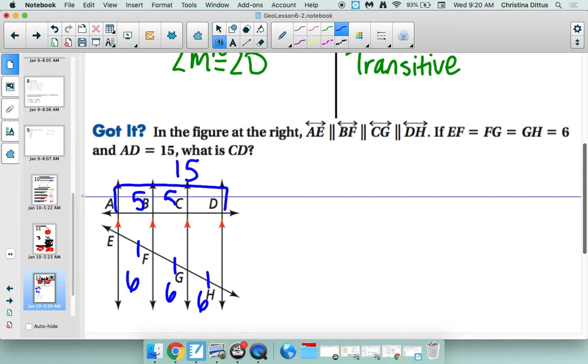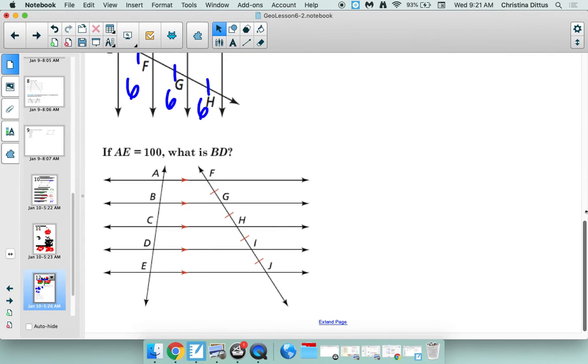So then from C to D, that's how big? 5. So you don't even have to set up fractions or anything like that. Alright, I think you have this one.